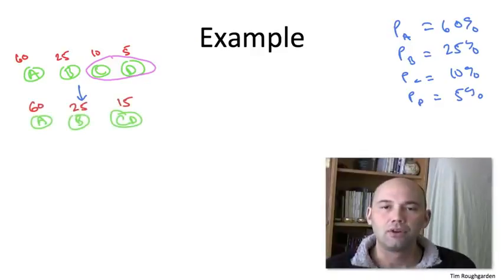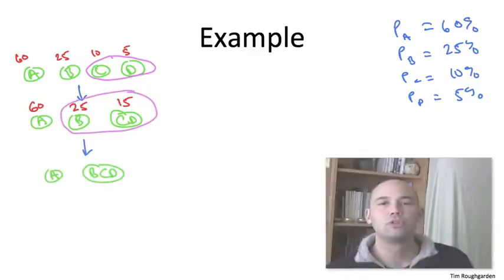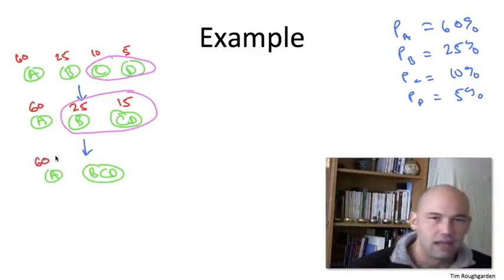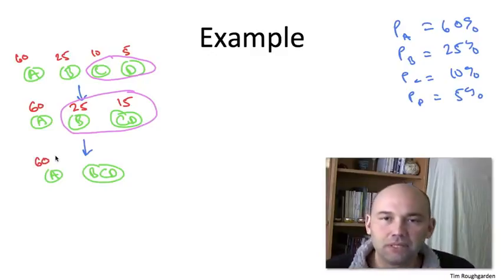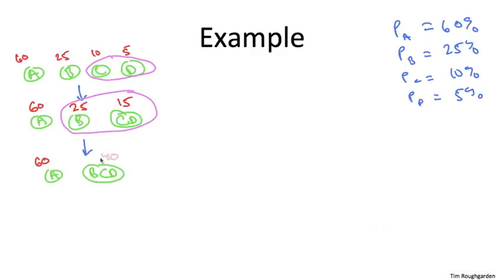Now we just run another iteration of the greedy algorithm, meaning we merge together the two symbols that have the smallest frequencies. So this is now B, 25, and CD, 15. So now we're down to just two symbols, the original symbol A, which still has frequency 60, and the, in some sense, meta symbol BCD, whose cumulative frequency is now 40.